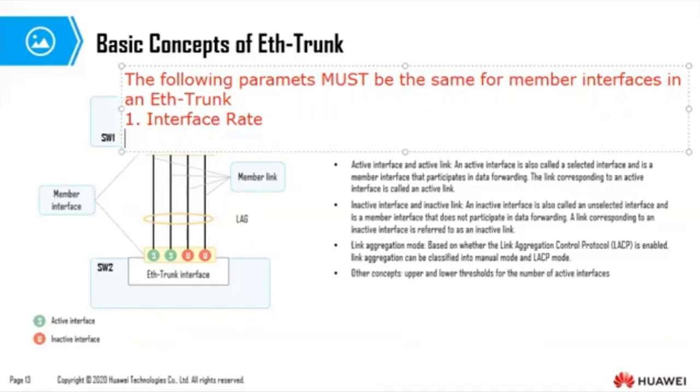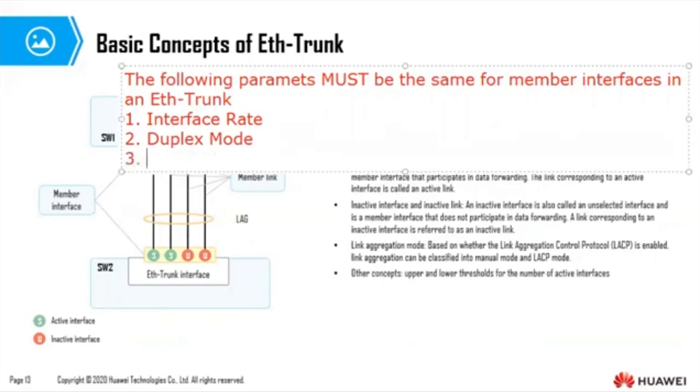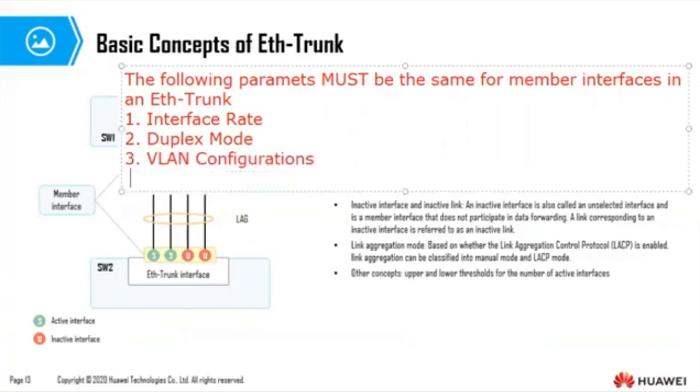Number 2 is the duplex mode. If all of them are operating on full duplex, you can't have others operating on full duplex and others operating on half duplex. Then the other one is the VLAN configuration. On VLAN configurations, we have a number of points.